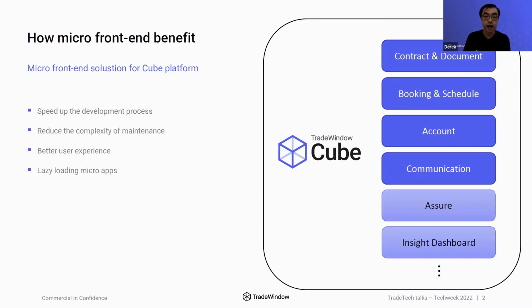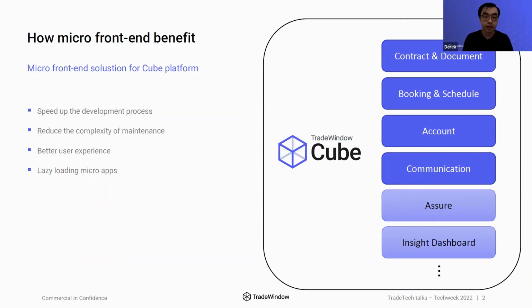By using this architecture, each module can be a micro app, which helps speed up our development process. The micro apps can be developed by separate teams as they are standalone, and different micro apps can be developed at the same time without any conflict. Eventually, each app can use a different tech stack as well.